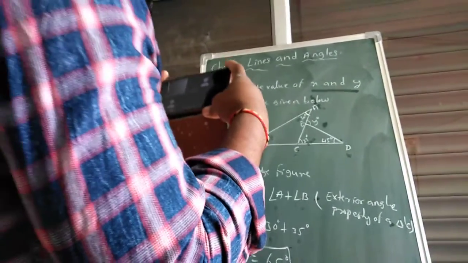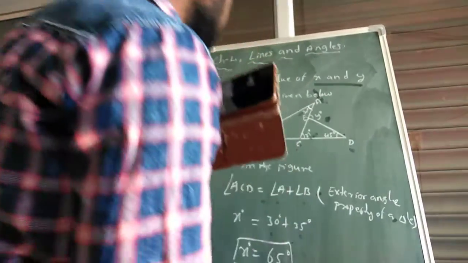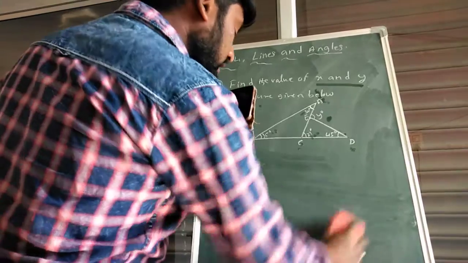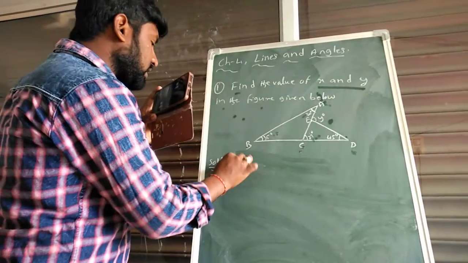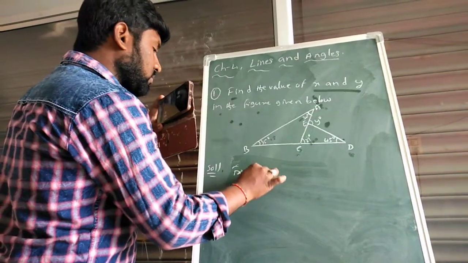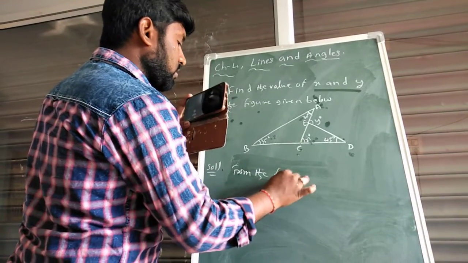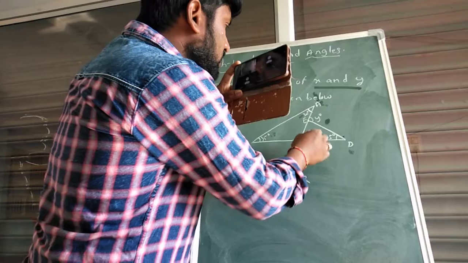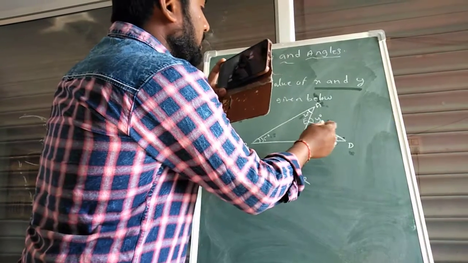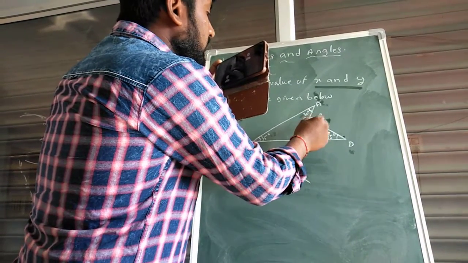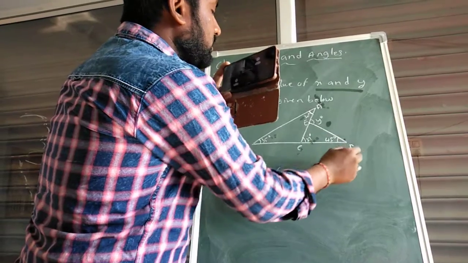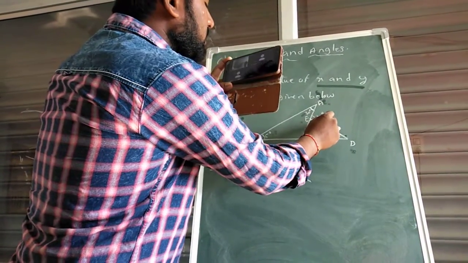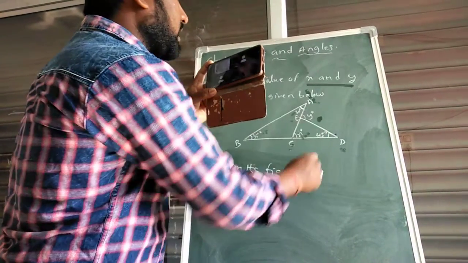Now observe the second figure. Again from the figure, this time observe triangle ECD. Now clearly y degrees is the exterior angle.